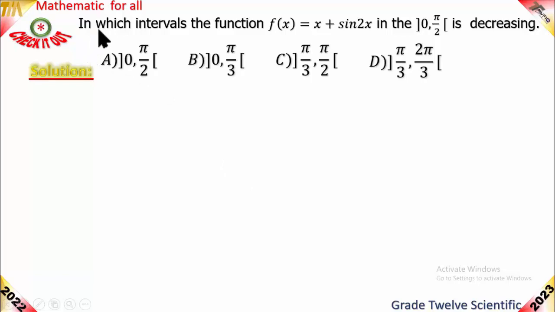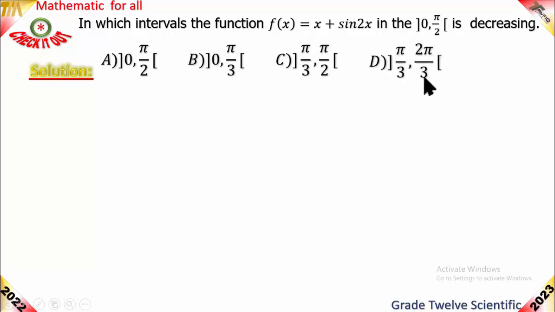In which interval is the function f of x equal to x plus sine 2x in the interval 0, pi over 2 decreasing? Here we must know where it is decreasing. Take attention that you have some values for x: 0, pi over 2, pi over 3, 2 pi over 3.